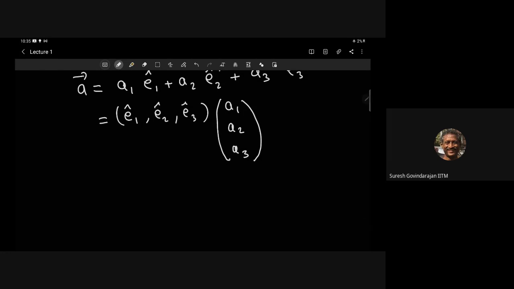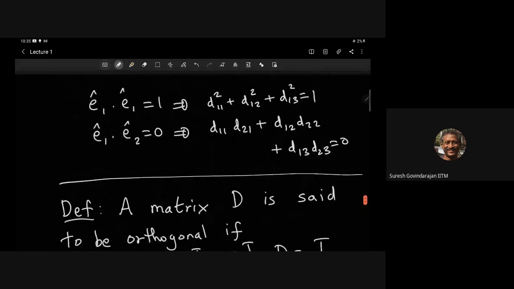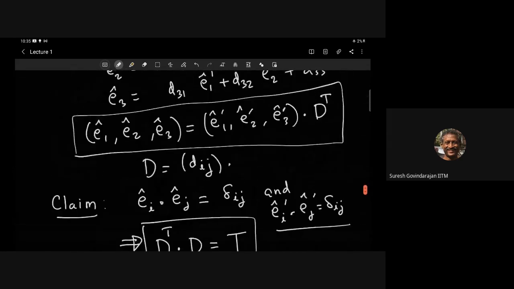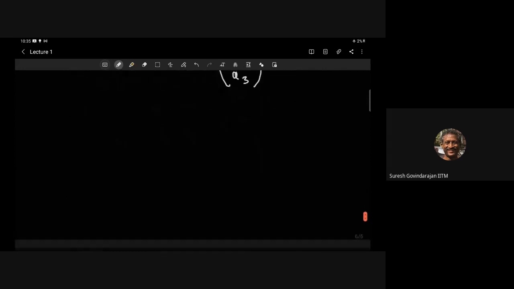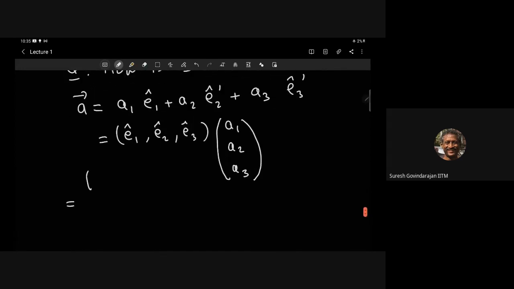But now we know that E1, E2, E3 is related to D. How was it related? Like this, right? So I can rewrite this as equal to dot D transpose dot.